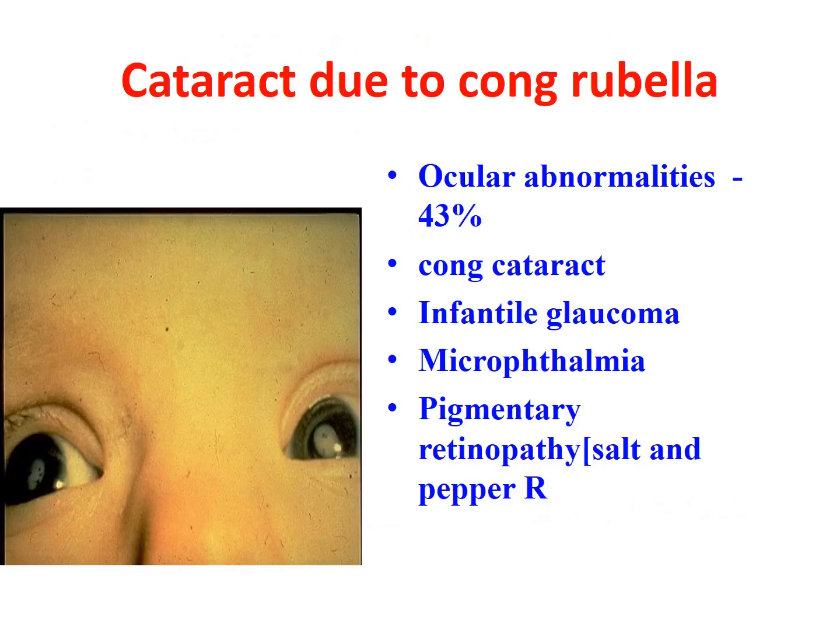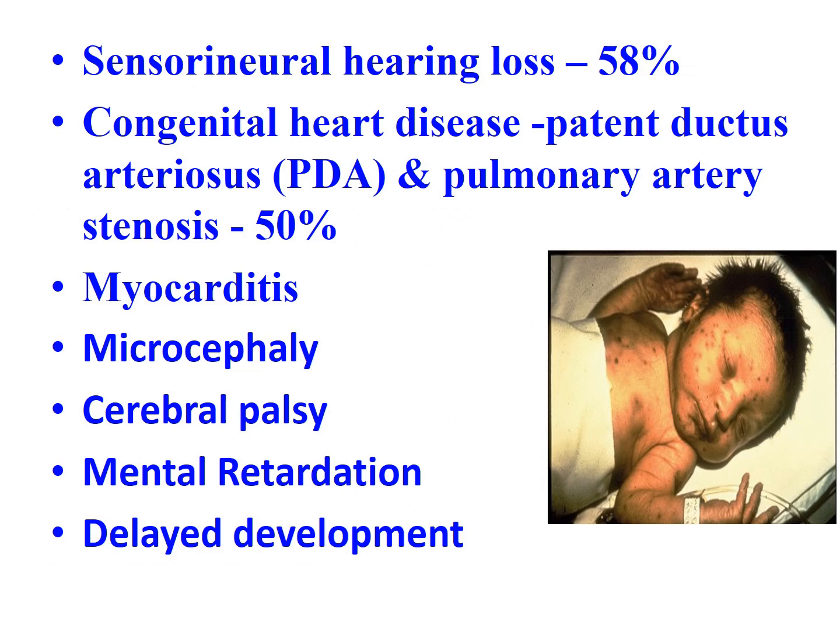Ocular abnormalities are seen in 43% of cases. Here congenital cataract is noticed, infantile glaucoma, microphthalmia, and pigmentary retinopathy, the salt and pepper retinopathy, is seen. In 58% of cases there is sensorineural hearing loss. In 50% of cases there is congenital heart disease, the main one being patent ductus arteriosus, and there may be pulmonary artery stenosis also.